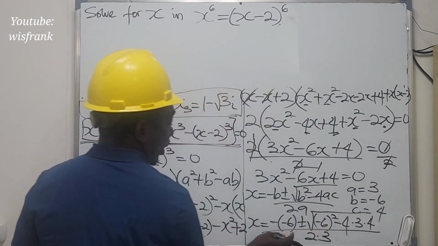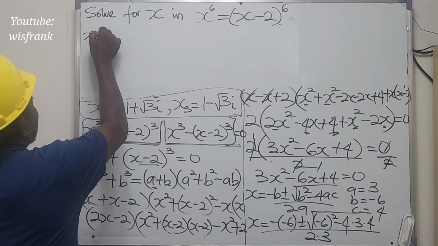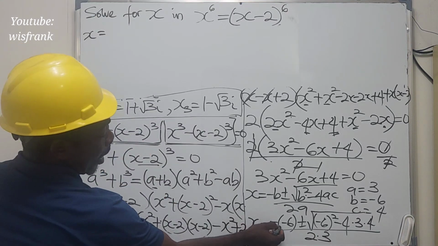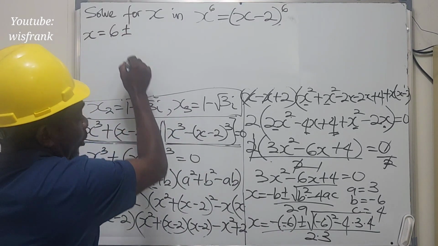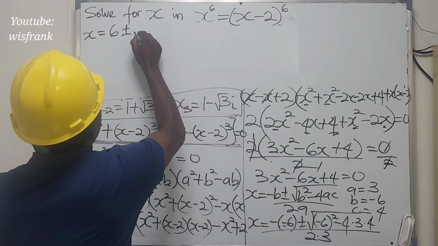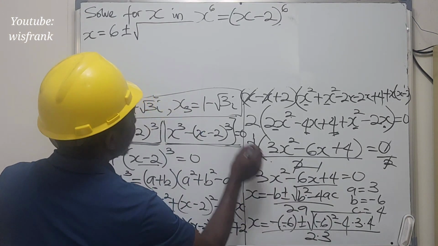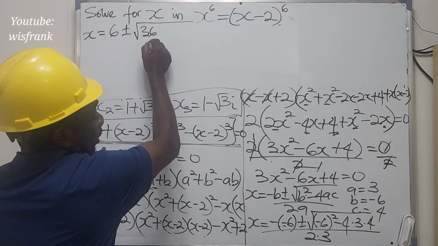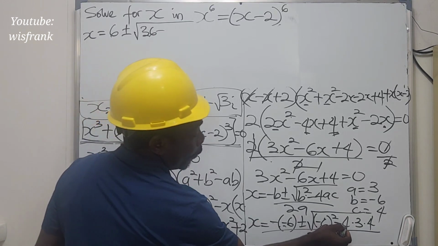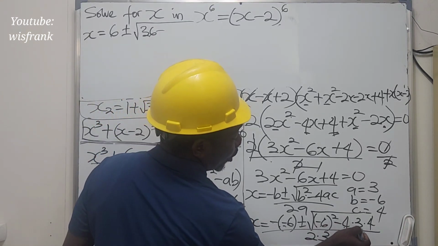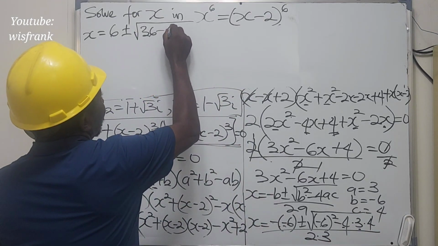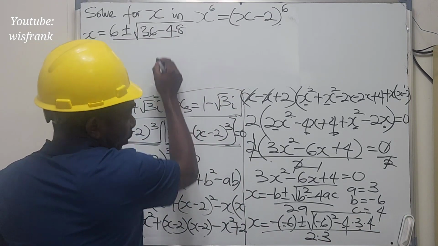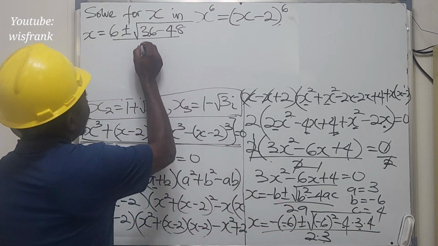So now we have here our x equals to minus times minus 6 gives us 6. We have plus or minus, we have square root of minus 6 squared is same thing as 36. Then we have minus 4 times 3 is 12. 12 times 4, we have it as 48. So we have minus 48 all over, we have 2 times 3, which is 6.